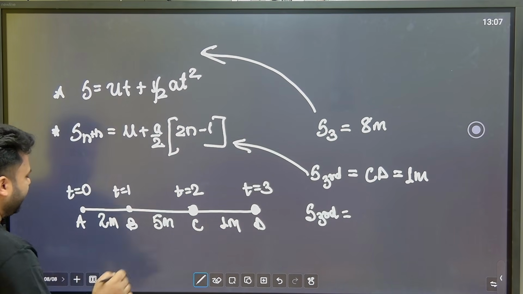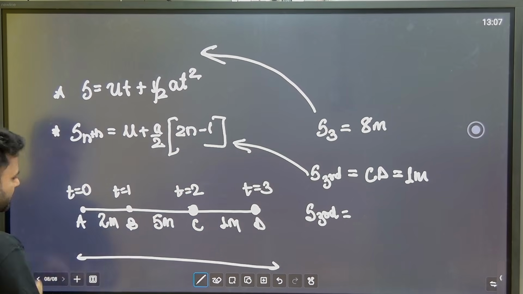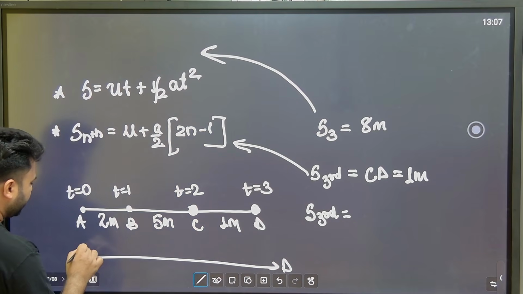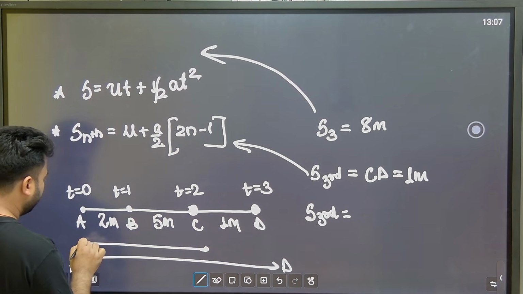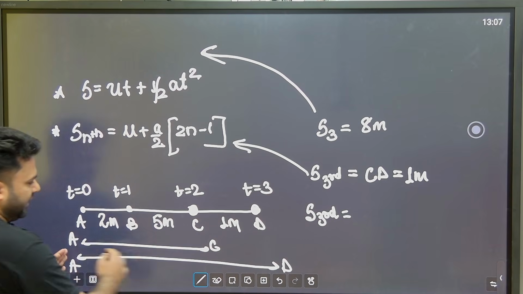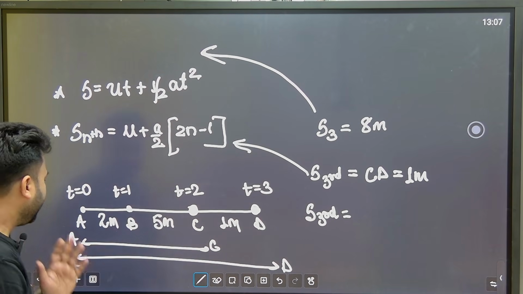Now can I write CD as this total distance minus, means this total distance, that is AD, minus this distance AC? Can I write? AD minus AC will be what? CD. What is AD?